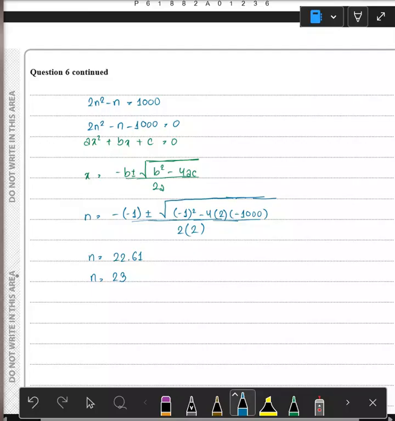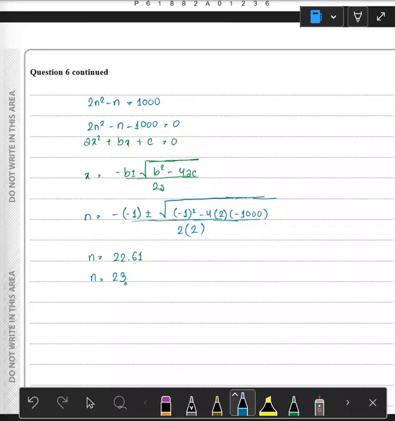Because we need Sn to be greater than 1000. They did not ask us to find the value of n for which Sn would be 1000. They have asked us to find the least value of n for which the summation is greater than 1000.